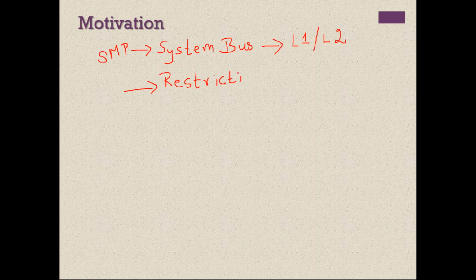The reason is, if you keep increasing the processors, what will happen? The more you increase the processors, the more the possibility of cache misses. As processors increase, what will also increase?